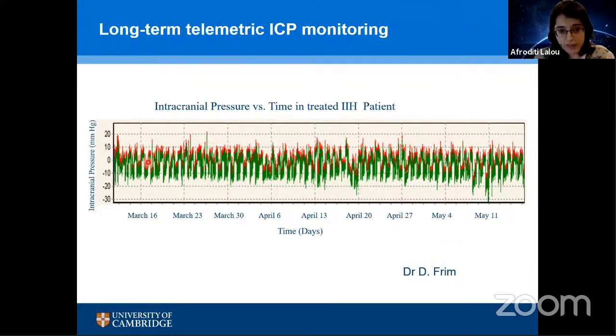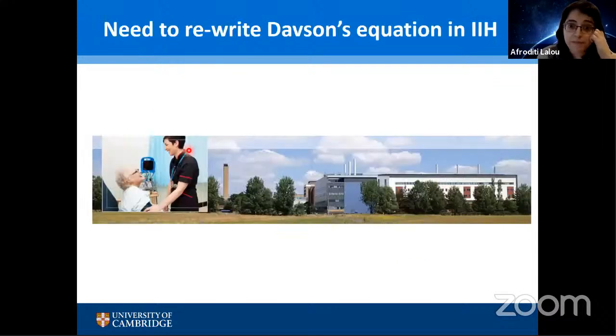So we can monitor whether the pressure is higher than we want it, or maybe sometimes if it's draining too much. But it is, again, a very promising method to think about in the future that allows us very good long-term monitoring of ICP.